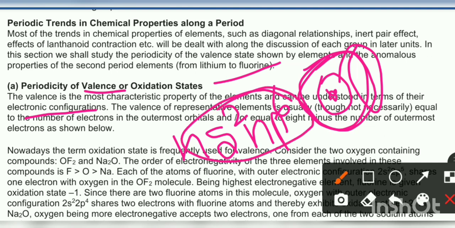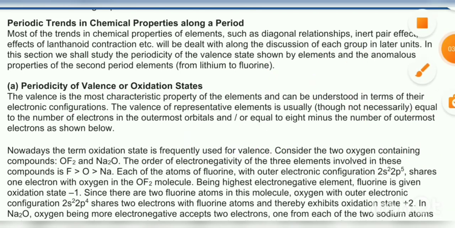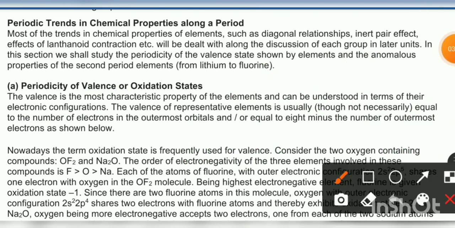The outermost orbital contains 2 plus 6, that means 8 electrons. So 8 is the valency of the noble gas. How many electrons are present in the outermost orbital, that is the valency.